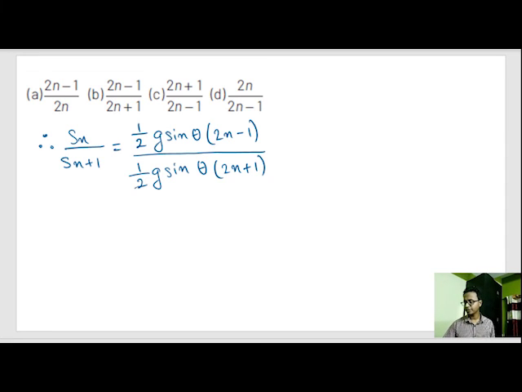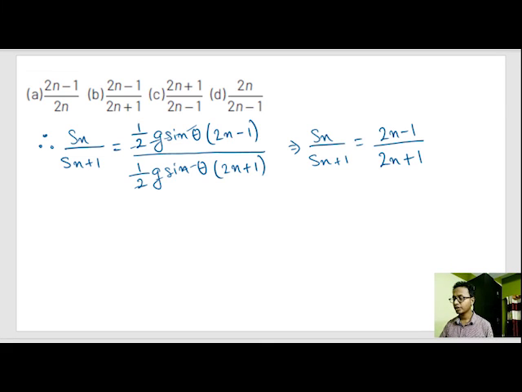So this half g sin theta and this half g sin theta get cancelled. So our Sn by Sn plus 1 becomes 2n minus 1 to 2n plus 1. Now the correct answer is option number B.